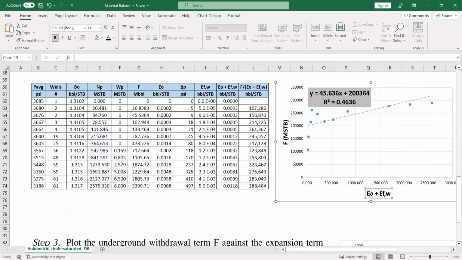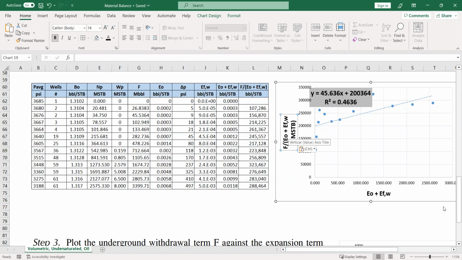And then I'm going to copy this and make it there. Okay, it's like that. And then it should be Np, which is in MSTB.